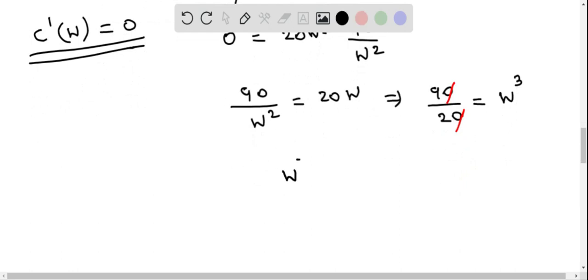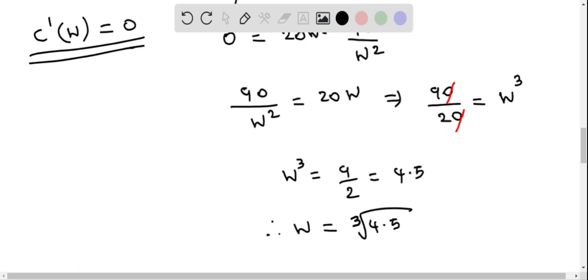So we have W cube equal to 9 by 2 or 4.5. Therefore W equals the cube root of 4.5. We have to take the cube root so that we get W. This comes out as approximately 1.651. This 1.651 is the W.